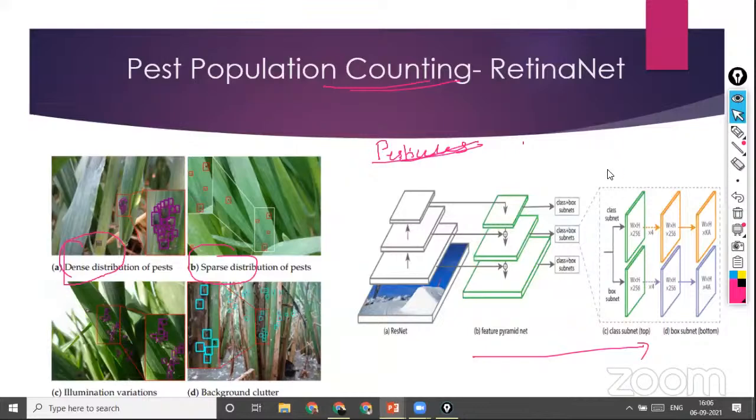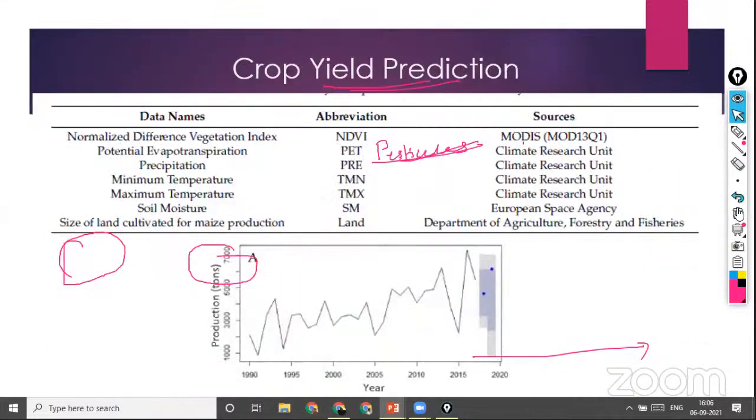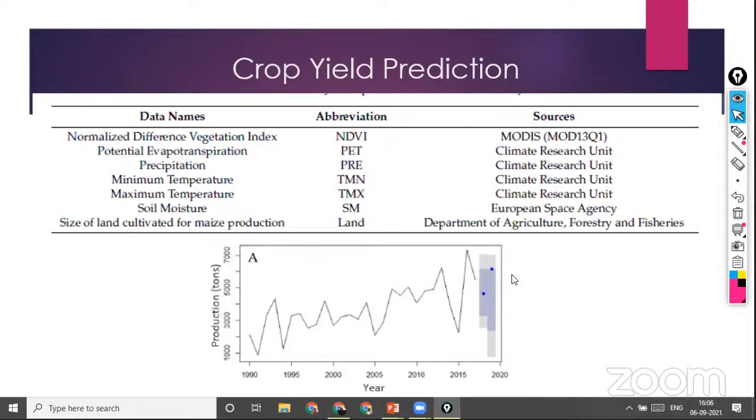Now coming to the third use case, which is again a supervised learning technique, based on a regression problem, and you have a lot of data available from remote sensing. NDVI is available from remote sensing data, and you have data from climatic indices, and also the size of land cultivated if it is available.